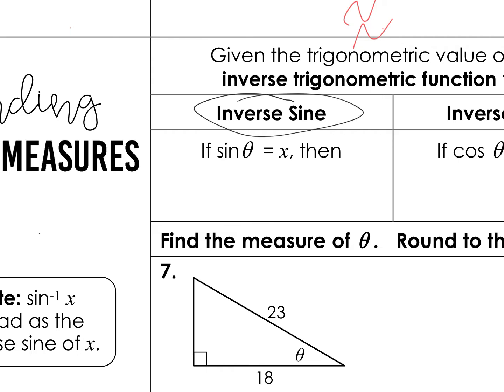If sine of theta, that's my angle, is equal to some number x, then I know that theta is equal to the inverse sine of x.